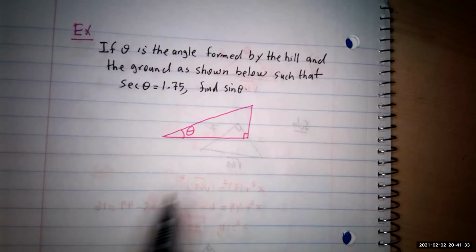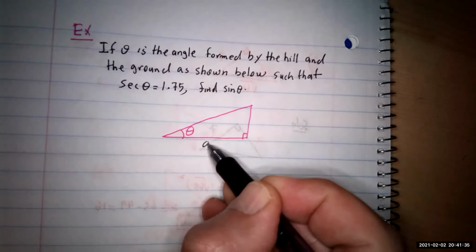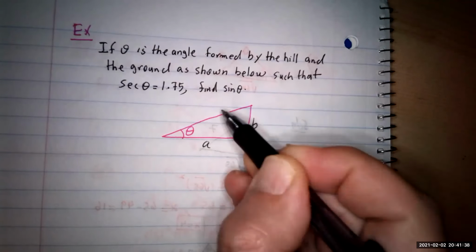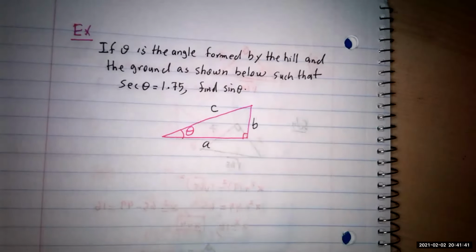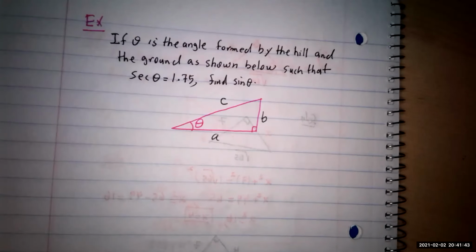So let's call this one A, this is going to be B, and this is going to be C. Try to use this information to be able to get the result. We can start with the definition of a secant. Remember, what's the definition of a secant?